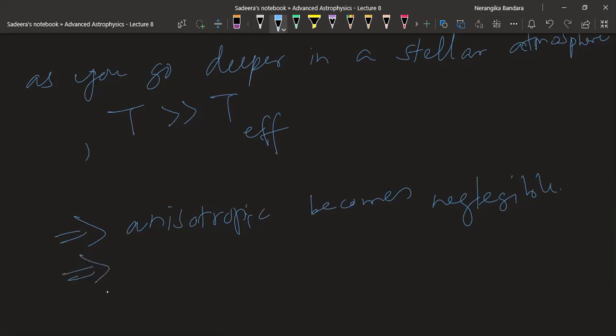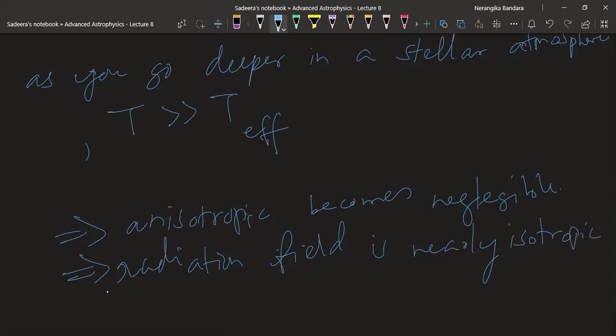So deep inside the atmosphere, the radiation field is nearly isotropic in deep layers of a stellar atmosphere.